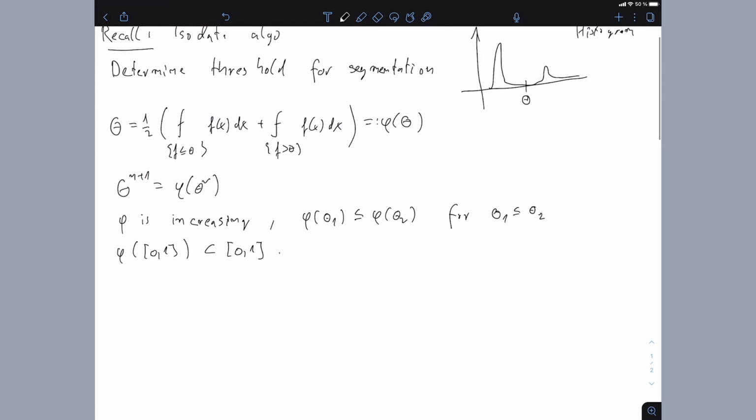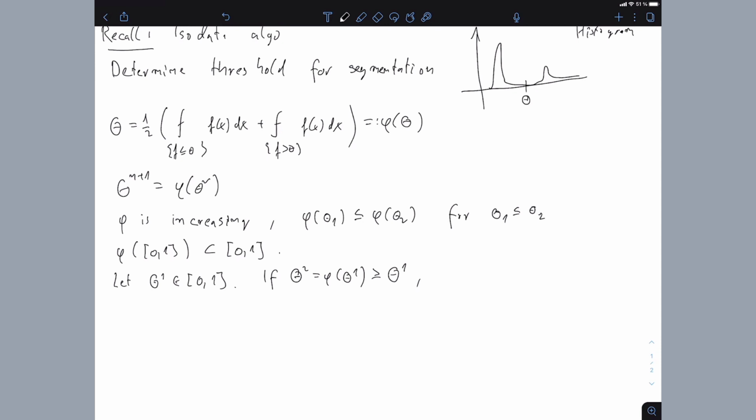And why is that so? We take now theta 1, so any starting value. And now we have two cases. Theta 2, which is phi of theta 1, is either bigger or equal to theta 1, or smaller than theta 1.